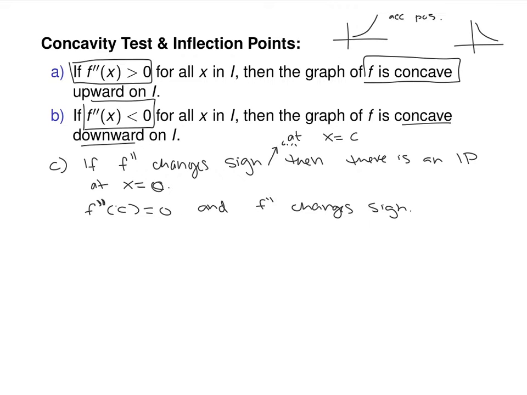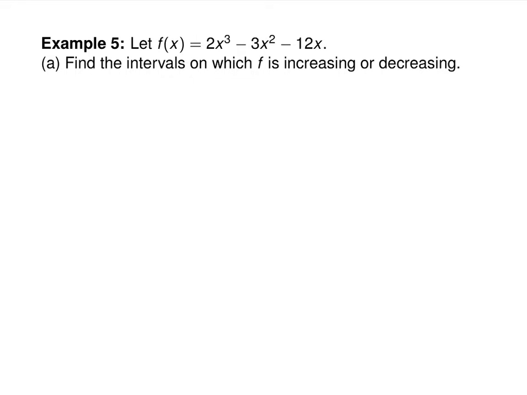All right. So let's actually do this for a specific function. So first, figure out where the function's increasing or decreasing. What do you use for this? The first derivative. So that's gonna be 6x squared minus 6x minus 12.